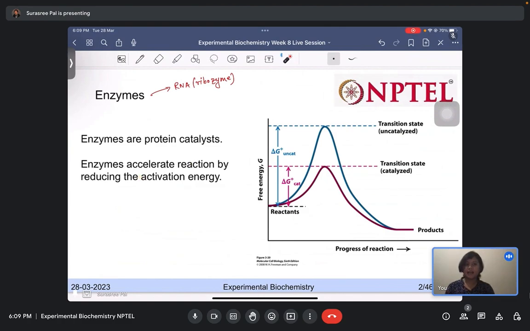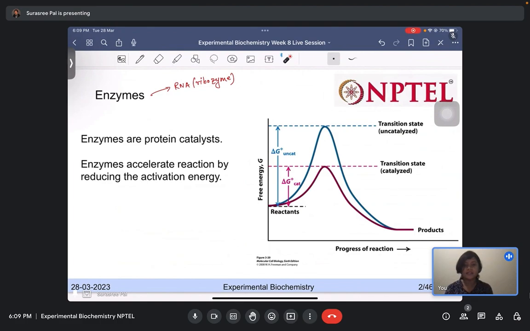Now what is an activation energy? Here we can see this graph. This is a graph of the free energy change, that is G or the Gibbs energy, with the progress of reaction. If we plot the free energy change of a reaction, we will see that the substrate has a higher energy than the products.